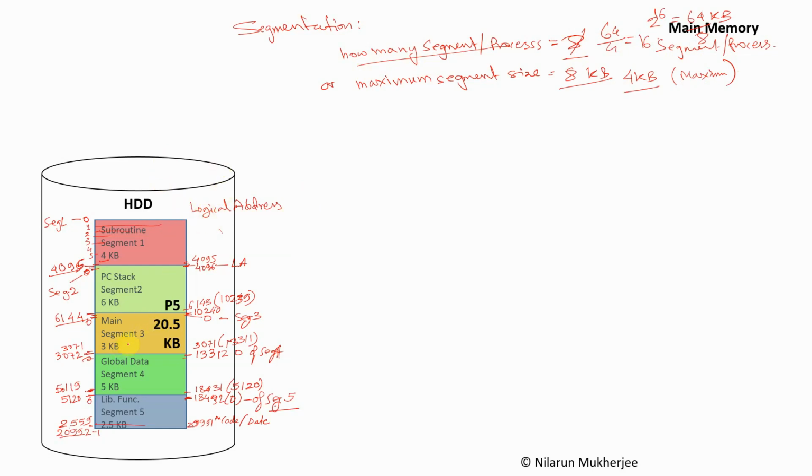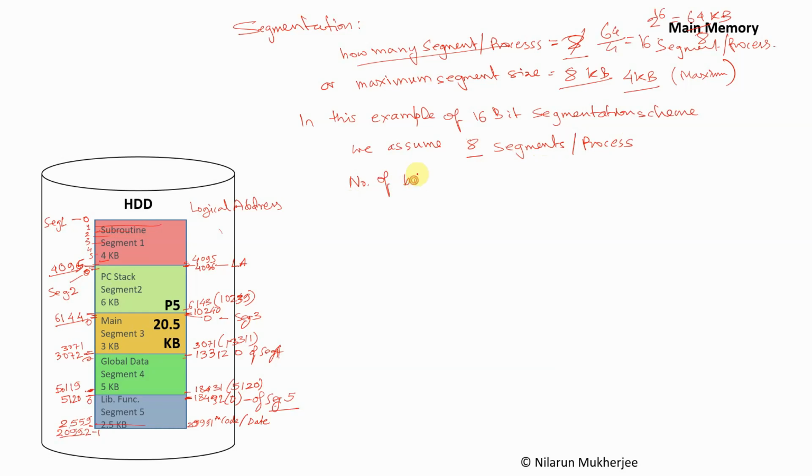For this example, suppose I have considered a 16-bit segmentation scheme. We assume 8 segments per process. So how many bits are required?